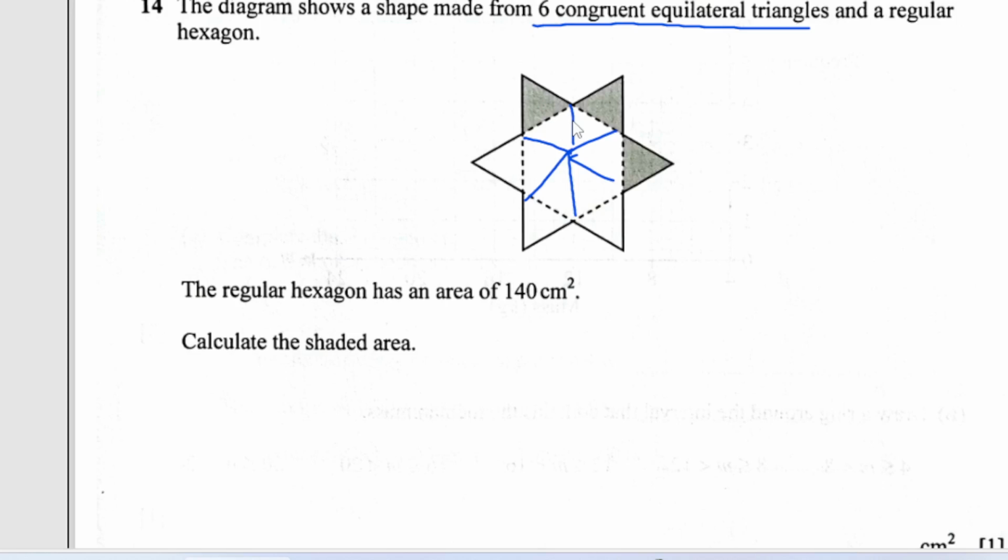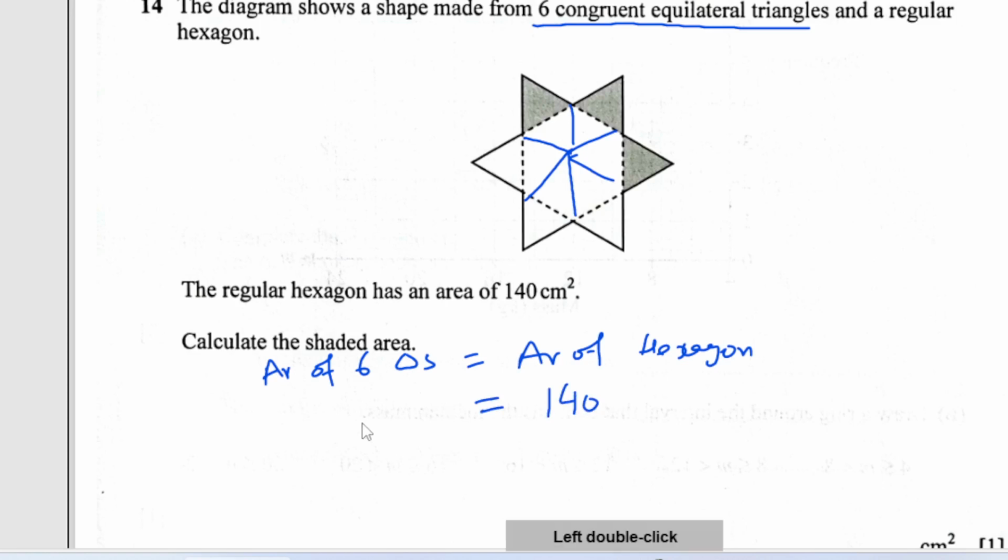So that means the area of 6 triangles is going to be equal to the area of the regular hexagon. Okay, so we are looking for the area of 3 triangles. The area of the hexagon is 140, and for the 6 triangles, the area of one triangle is going to be 140 divided by 6, right?